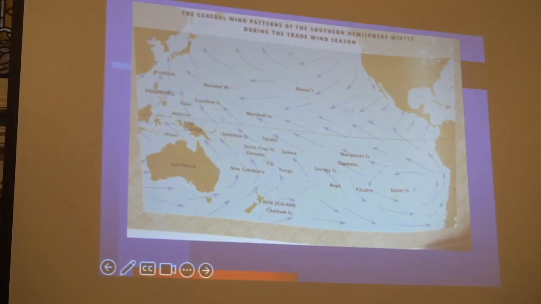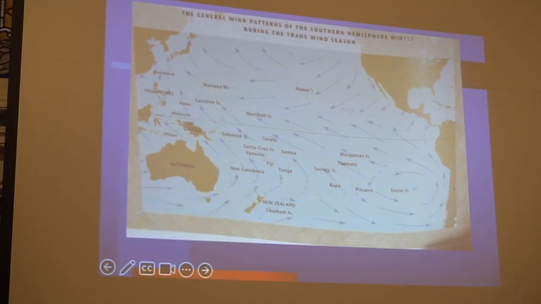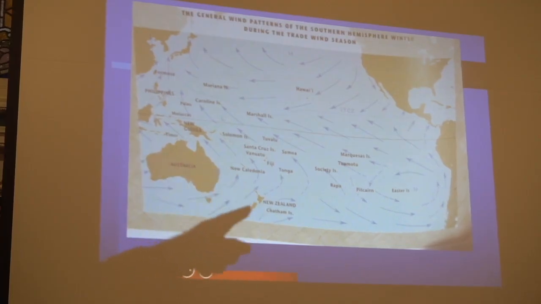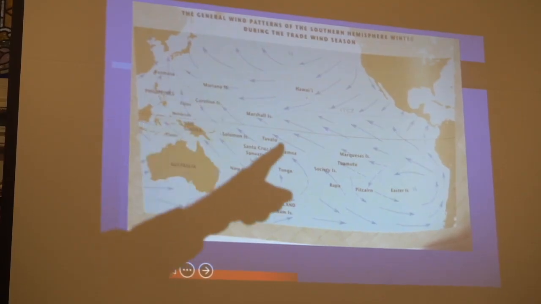The other environmental factors having influence over how these people were distributed have to do, of course, with the winds. And this is the pattern of trade winds that prevails most of the time due to the Earth's rotation and Coriolis force. The Pacific High generates a clockwise circulation of wind, that brings the wind from the northeast in the North Pacific around and finally around to the west above the Pacific High.